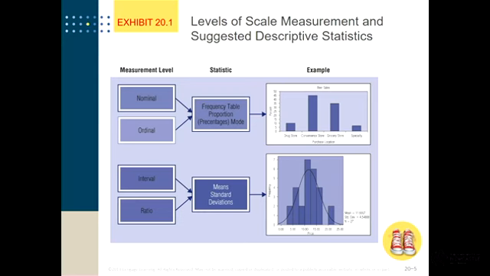That means if your variable is nominal, then frequency distribution is a good way of presenting your descriptive analysis. However, if your variable is in interval or ratio scale, for example, the price they are willing to pay, then the descriptive techniques you will be using are mean and standard deviation.